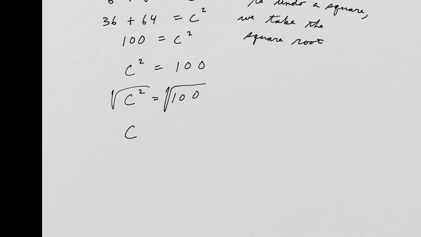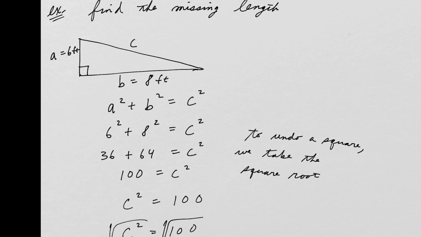Actually, this is a little more complicated. It turns out that when you do this, you have to assume that the answer could be either positive or negative. But for now, we're just going to take the positive square root. So now the answer is going to be the square root of 100. Well, we know how to do that. 100 is a perfect square. So what times what gives us 100? That's 10. So the length of side C, the hypotenuse, must be 10, and it has units of feet.